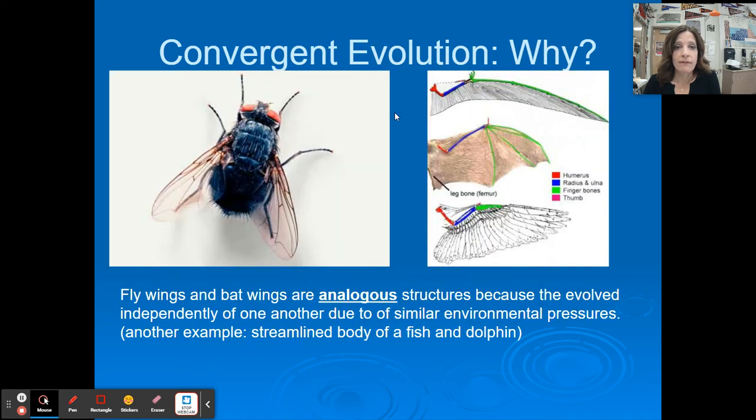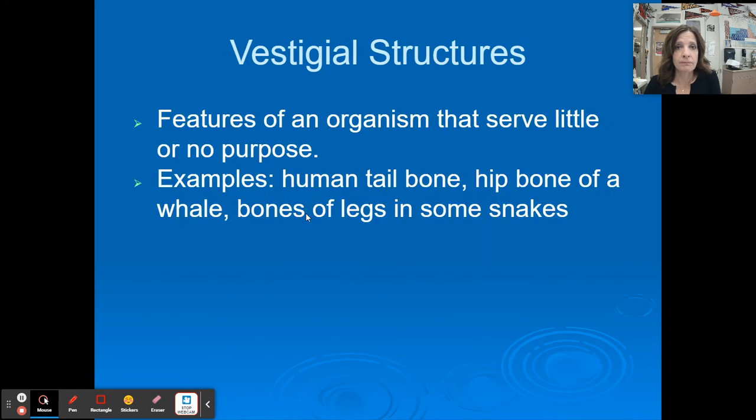An example of this would be fly wings and bat wings or bird wings. These are analogous structures. They have a similar function, they use them to fly, but they have a very different bone structure, or whatever insects have, an exoskeleton structure. The environmental pressure is that they both need to fly, so they develop something similar, but it has a very different structure underneath.